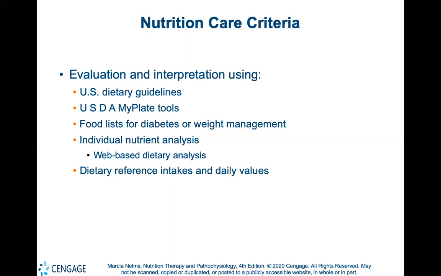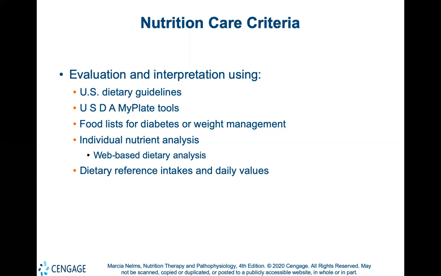One method of evaluating dietary macro and micronutrient amounts is the use of the Dietary Reference Intakes, DRIs, and the daily values, DVs. DRIs are standards established by the National Academy of Sciences.